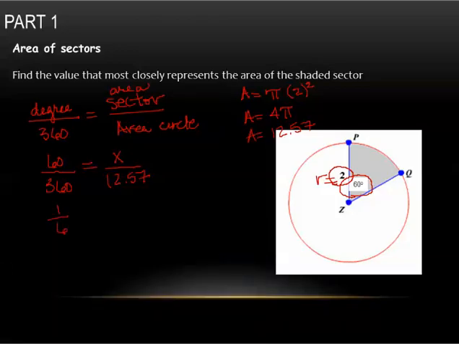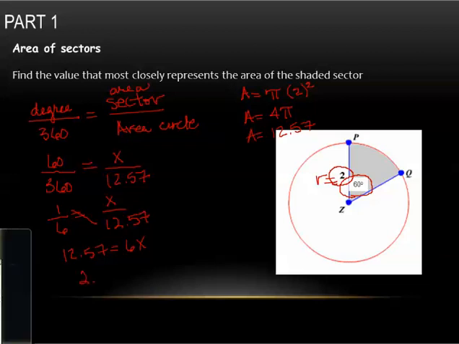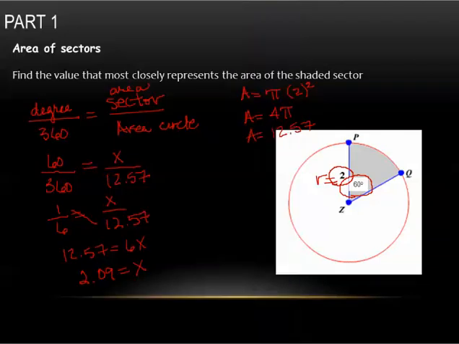I've got 1/6, and I like to simplify it like this because the smaller your numbers are, the less likely you are to make a mistake. So I'm going to cross multiply: 12.57 equals 6x. So I get, rounding to two decimal places, 2.09 equals x.